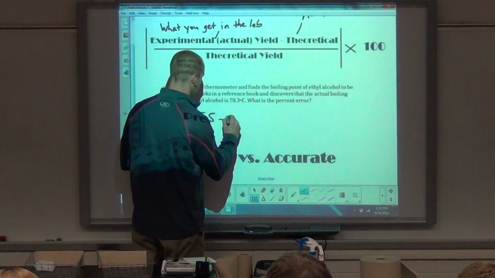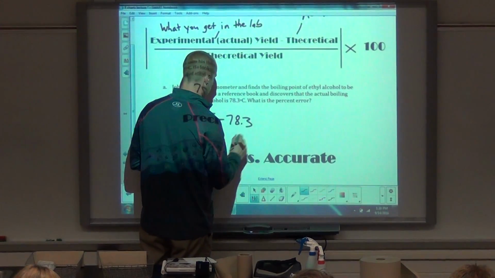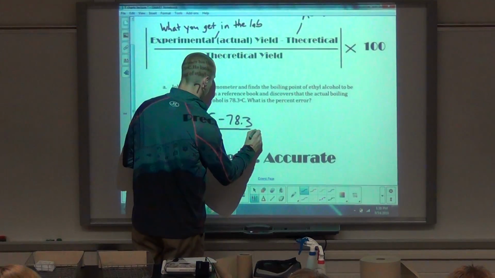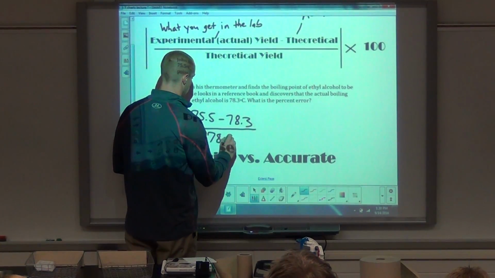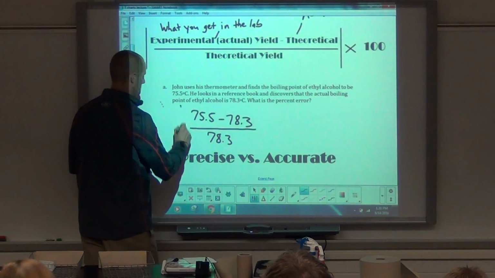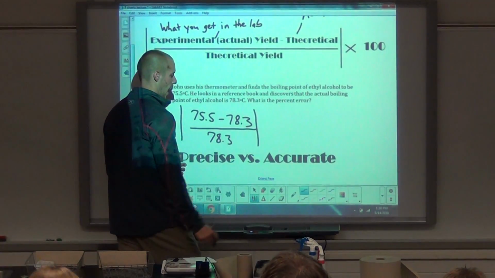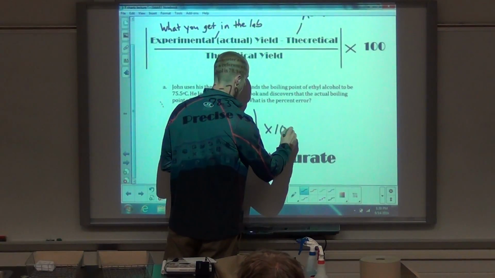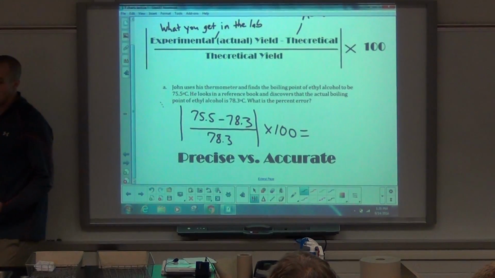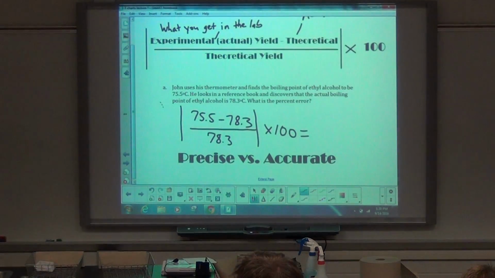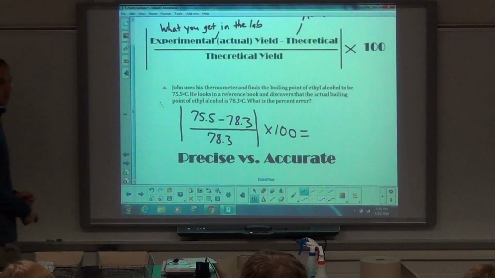So we subtract 78.3, and we divide that whole thing by 78.3, or the theoretical value. We take the absolute value, we multiply it by 100. And that's going to give us our percent. It's going to tell us basically how accurate we were, how good we did in the lab.